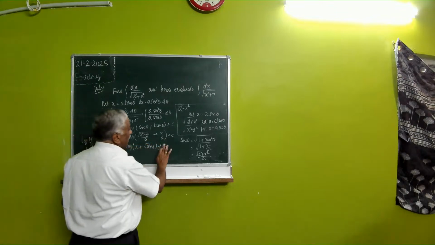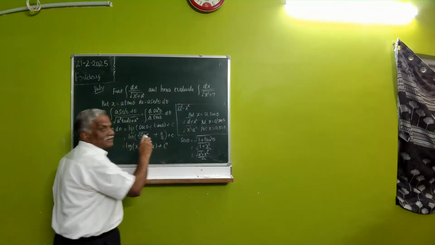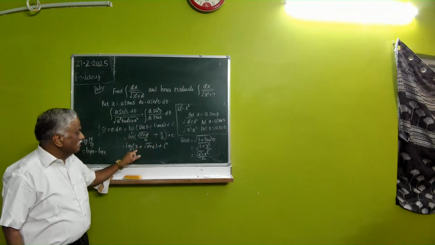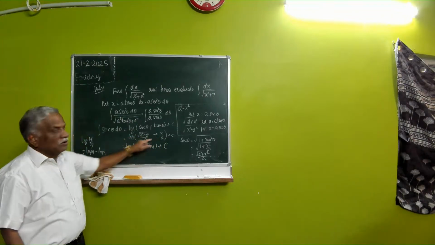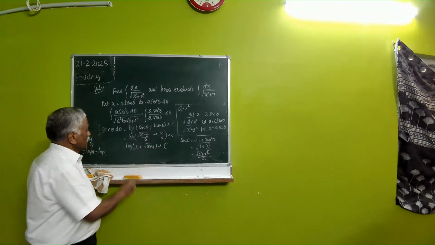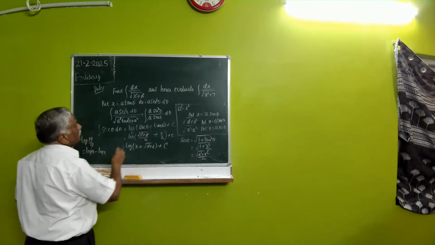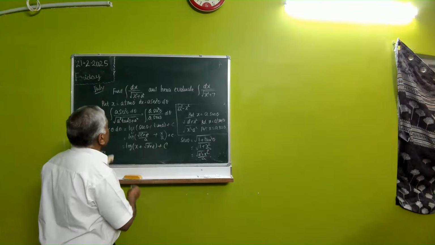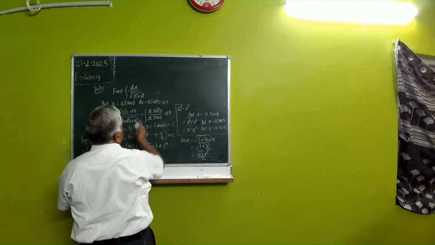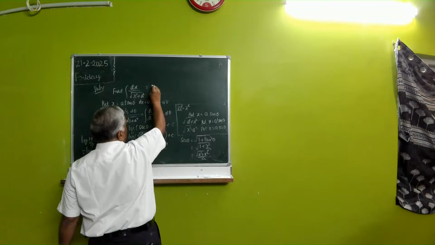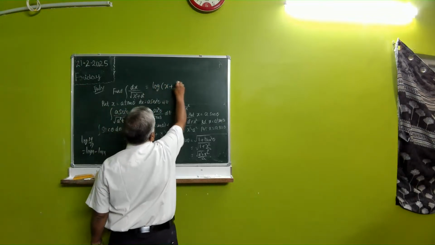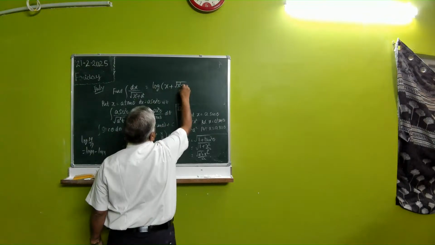That constant you add to this c and call it capital C. Constant plus constant is a bigger constant. So this is the actual result you need to remember. What's the result? dx over root of x square plus a square is going to be log of x plus root of x square plus a square plus c.